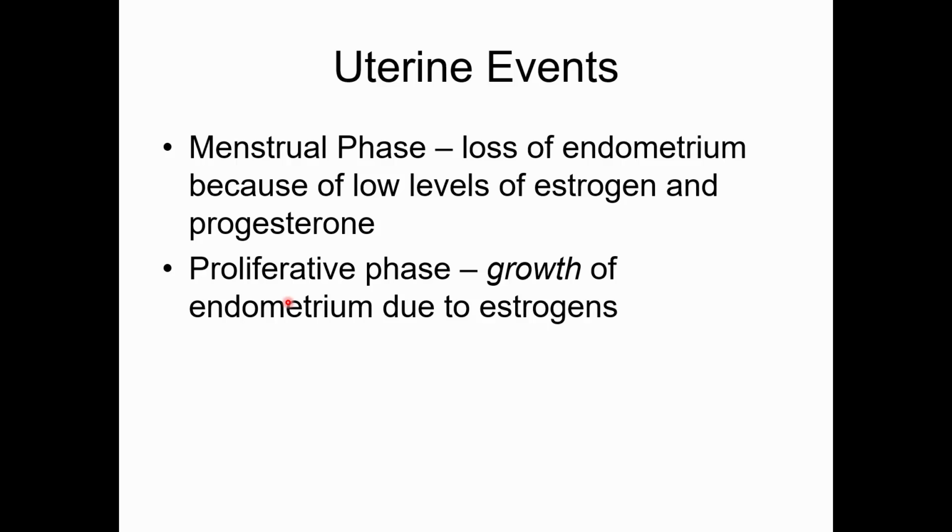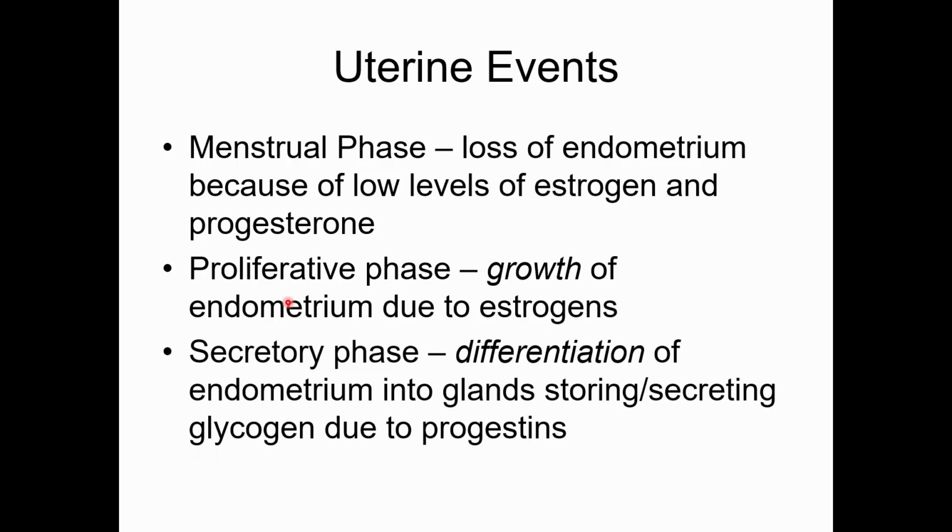Then about day 14, there's going to be ovulation. And then there's the development of the corpus luteum. The corpus luteum is going to make a hormone called progesterone. Progesterone really is made in high levels in the second half of the cycle. Progesterone is going to cause the differentiation or the specialization of the endometrium.